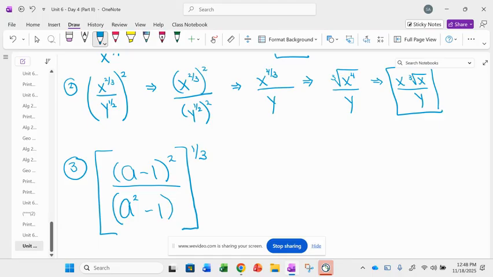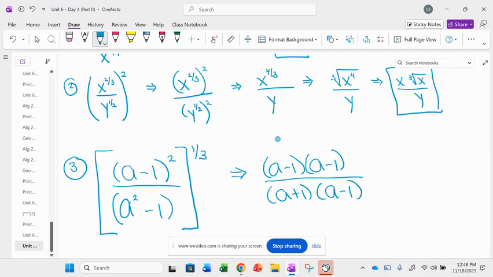So remember in PEMDAS, I can always simplify what's in the parentheses first, right? So before I distribute that exponent of 1/3, I want to see if I can simplify what's in the parentheses. And I absolutely can. I have a minus 1 and then another a minus 1 in my numerator. And in my denominator, isn't that a difference of squares? So I have an a plus 1 times an a minus 1, all raised to the now 1/3 power.